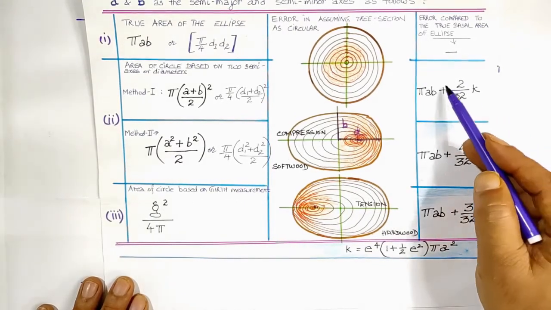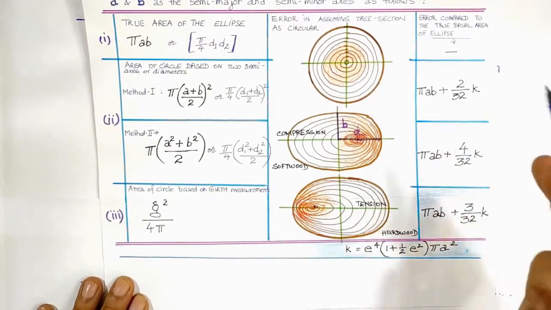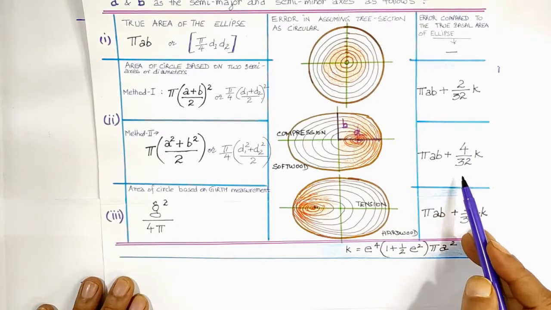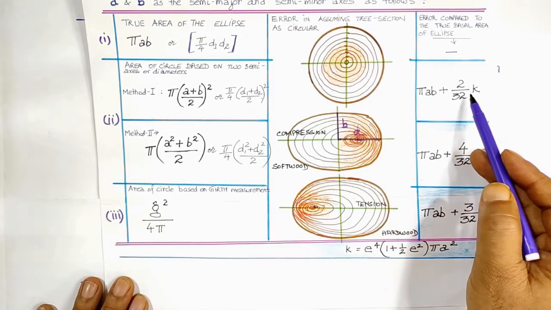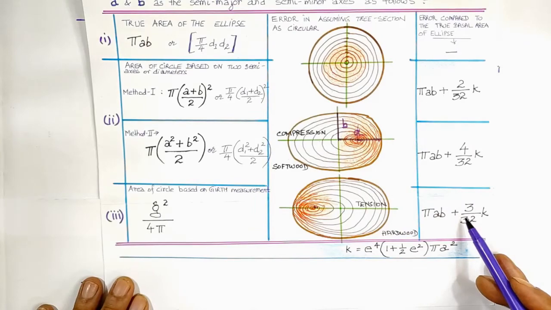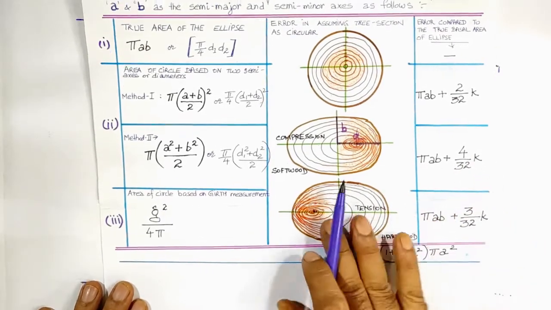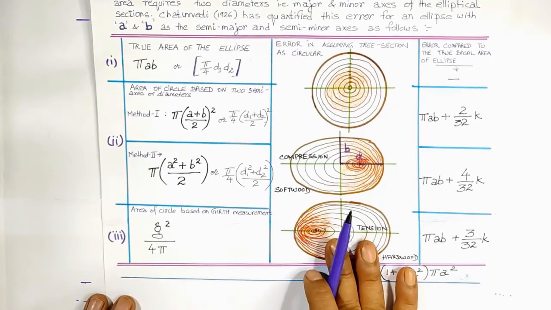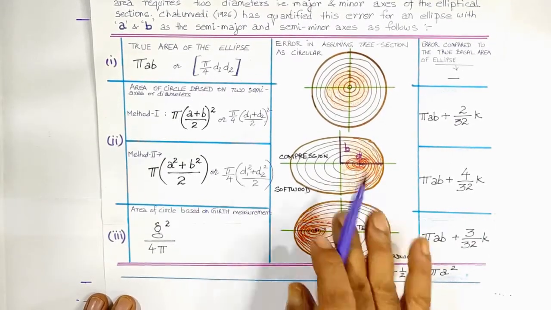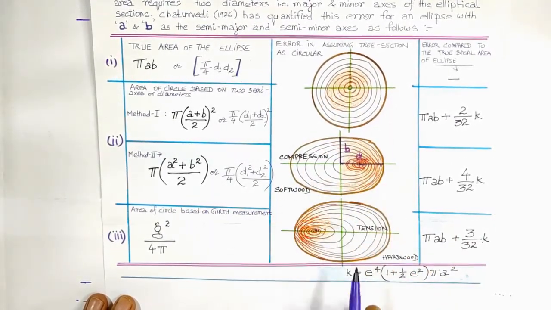So the error involved in method 1 is a bit less as compared to method 2. So the error in method 1 is less, then we can prefer the girth one, and the last one is 4 by 32. So this is how Chaturvedi has quantified the error for an ellipse.